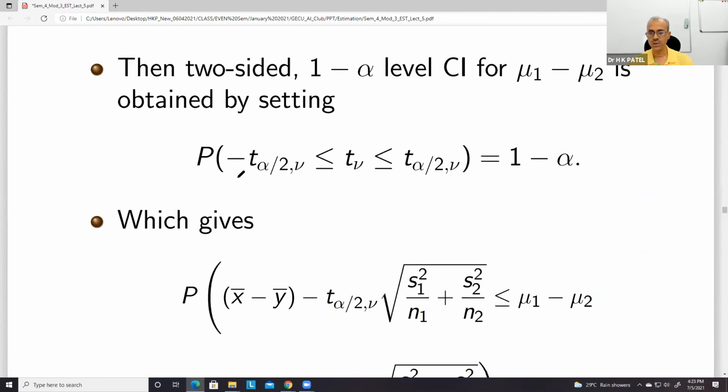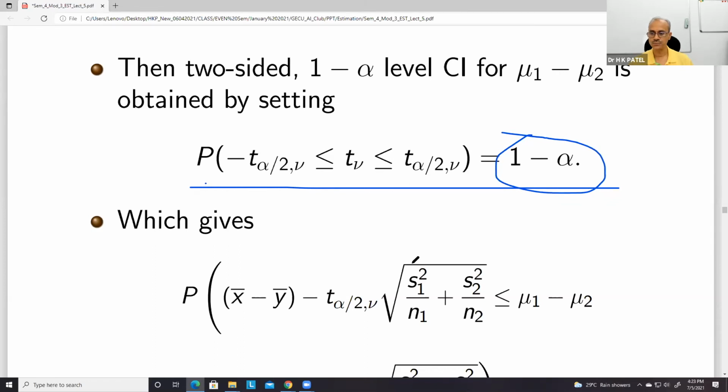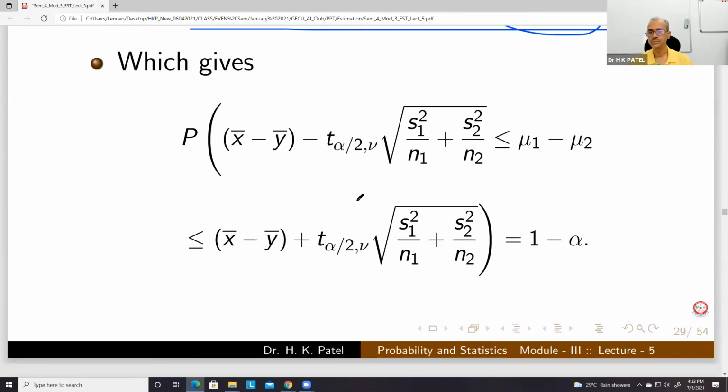So again, you can use this formula. We can say T nu, and of course the lower and upper limits will be minus T alpha by 2, T alpha by 2, for 1 minus alpha into 100% confidence. This formula is very similar to the first formula.